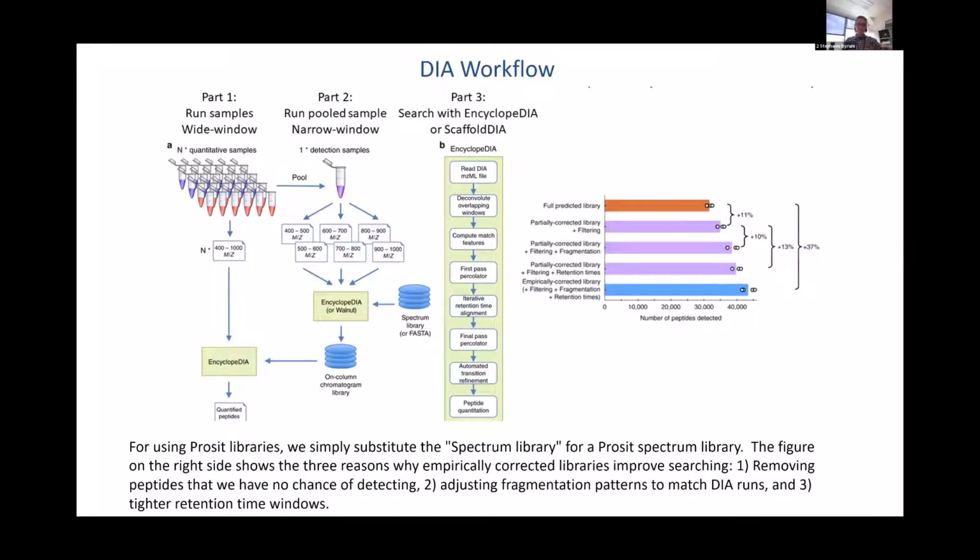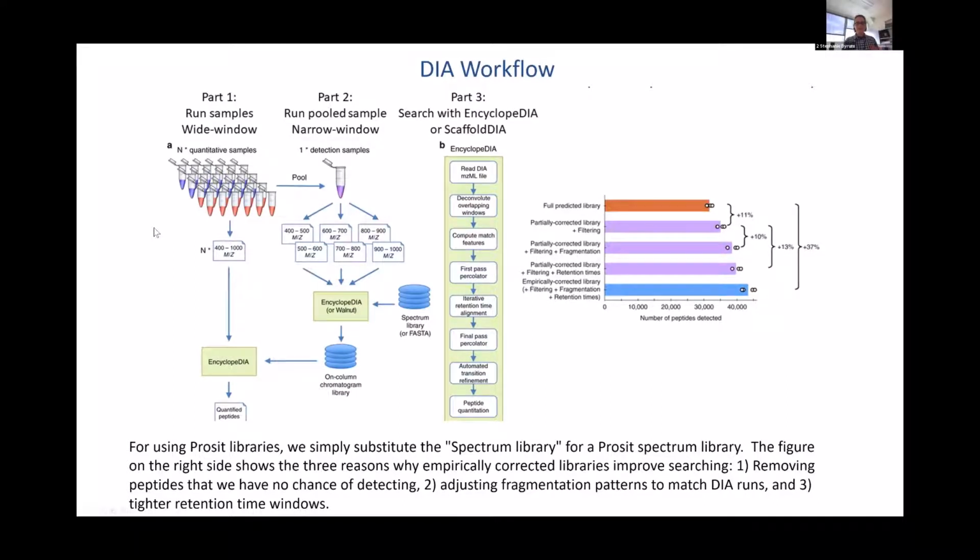But overall, the DIA workflow has some different parts to it. It's a little bit of a different process than our TMT experiments. So we have quantitative samples, and then you have to build an empirical library based off of the peptides that are found in those samples in order to do our database searching and identification of those peptides and sequences.